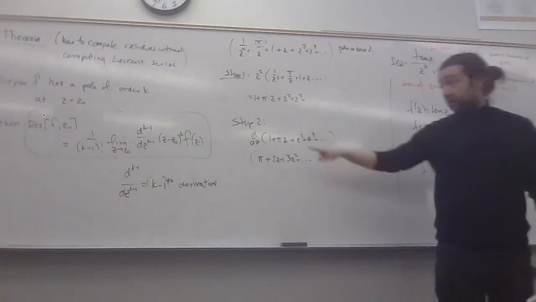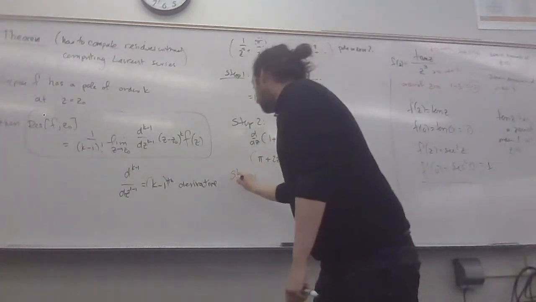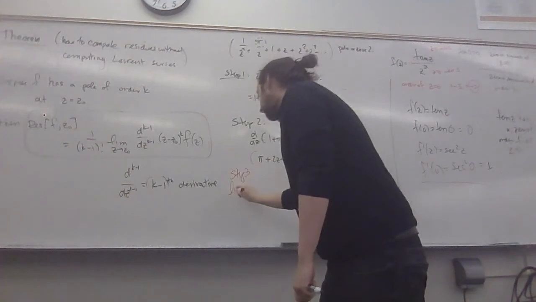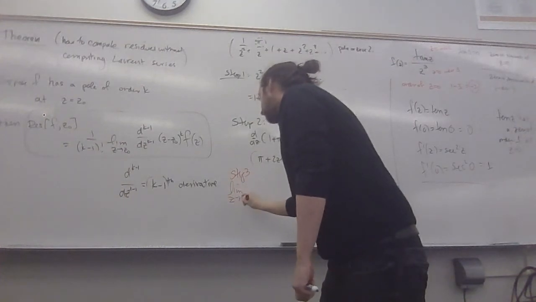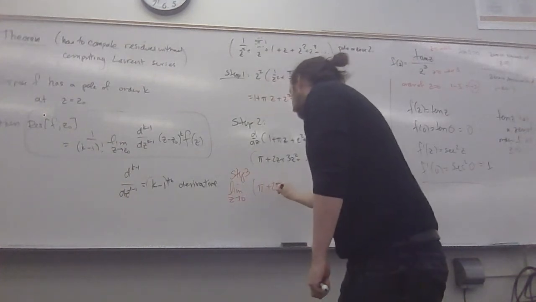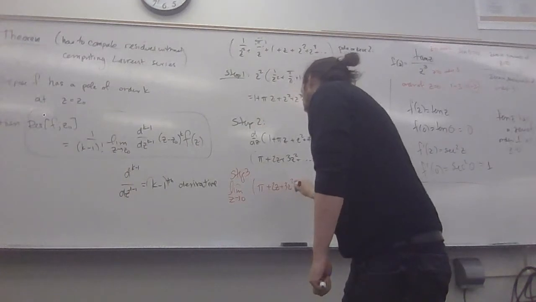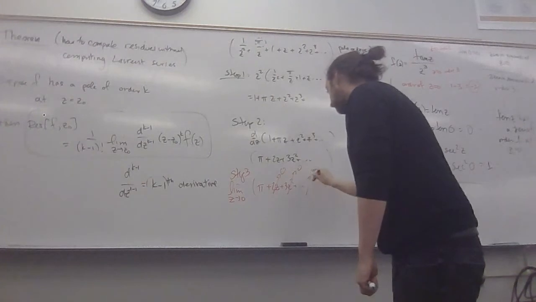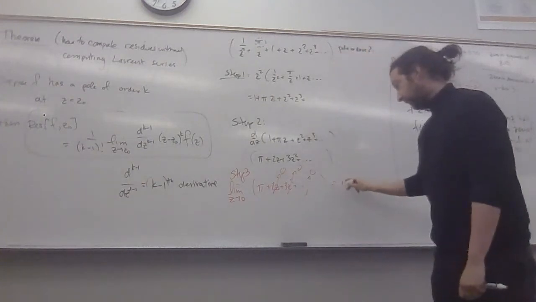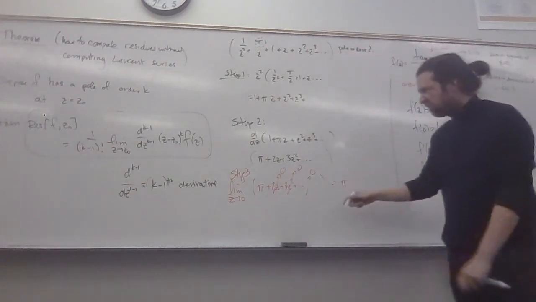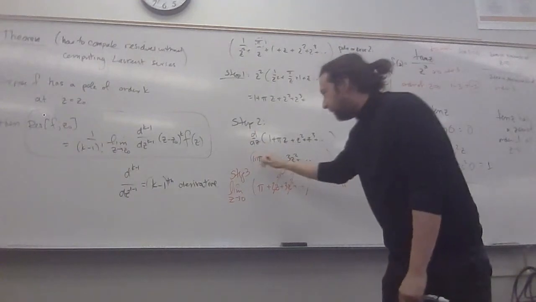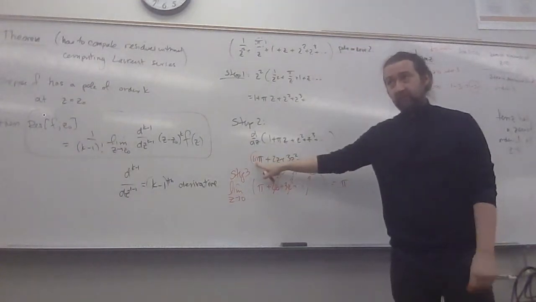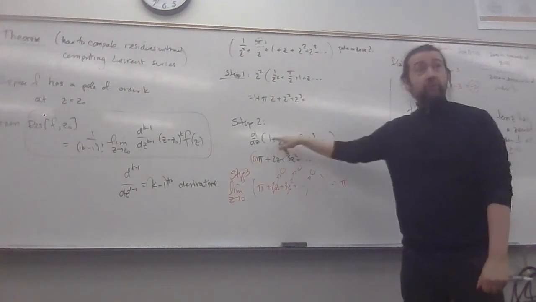Since we're taking a limit now, step 3, take a limit as z goes to 0 of this, and all of these guys go away. So what comes out of this is pi, really secretly pi times 1, because that was the power that came down from the exponent. This has a z to the first, and the 1 came out front.